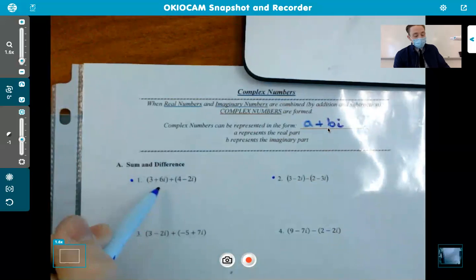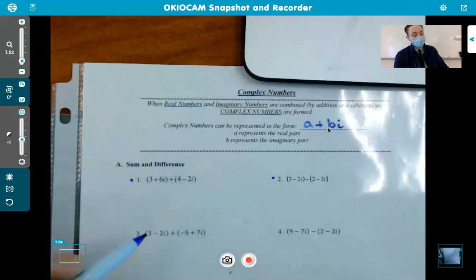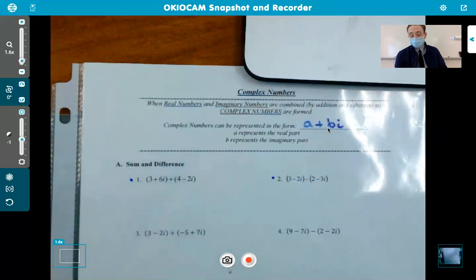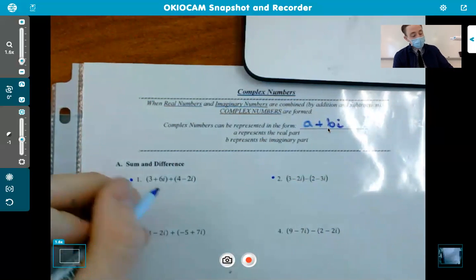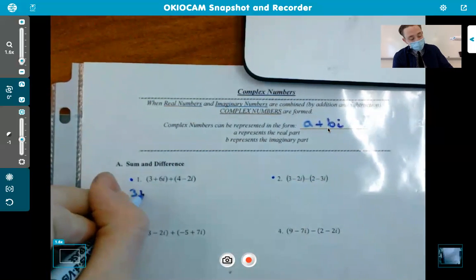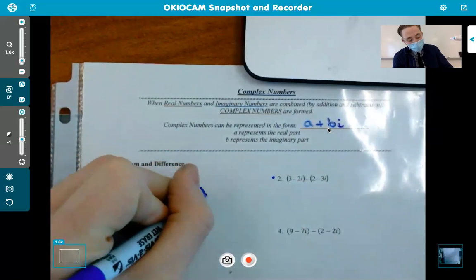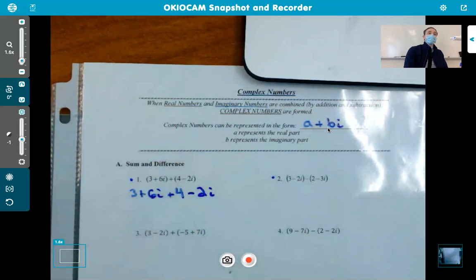So we'll have an example where we have a complex number adding to another complex number. When there is an addition sign in between, okay, we can think about just dropping the parentheses, okay? So I can say that this is 3 plus 6i plus 4 minus 2i. So I don't have to worry about the parentheses anymore.